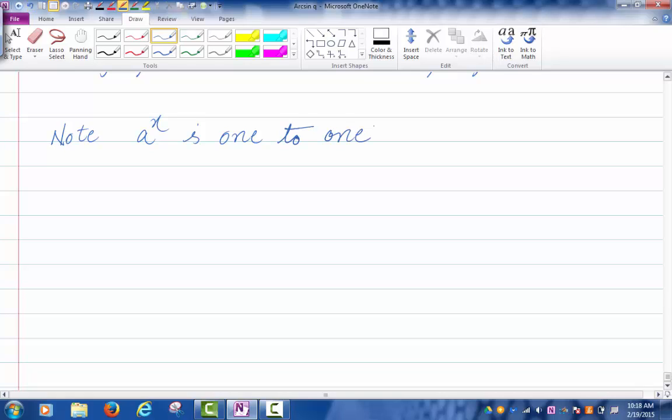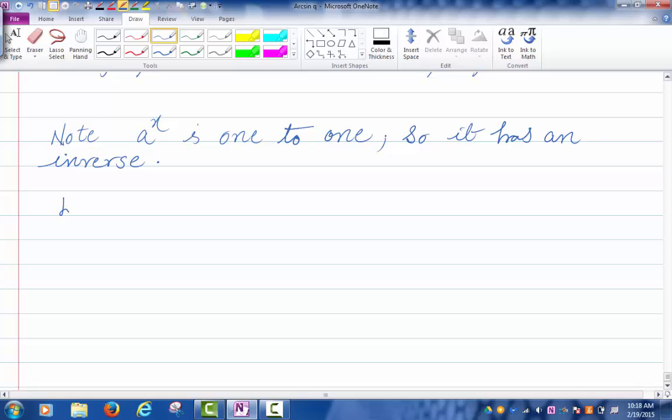That's the worst function to be 1 to 1, right? Because it's always 1. So that's why I am getting rid of that. But if I get rid of the case a equals 1, then a to the x is always 1 to 1. Why am I getting rid of the case a equals 1? Because when a is 1, a to the x is not 1 to 1, right?